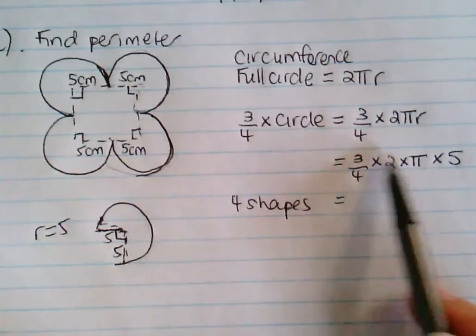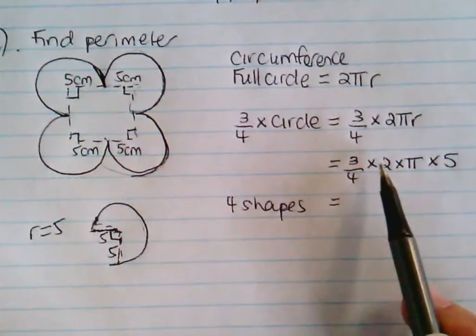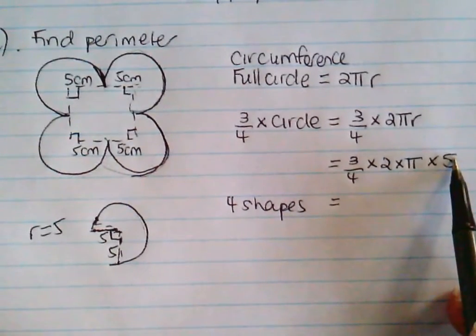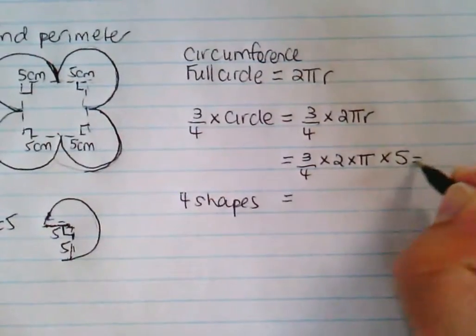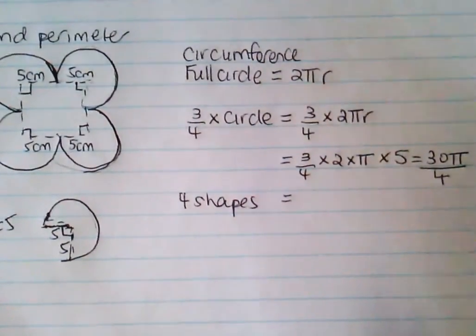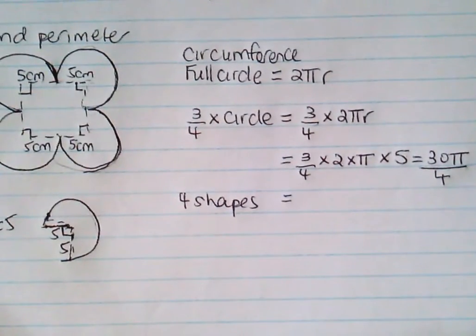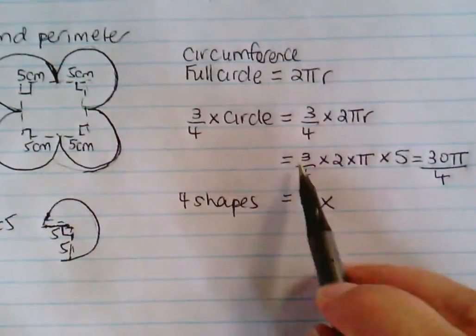You can simplify this if you want. What's 3 times 2, times 5? 30. So that's 30 pi over what? What's on the bottom? So the 4 shapes will be 4 times all of this.